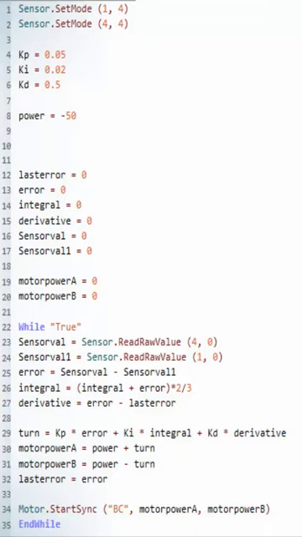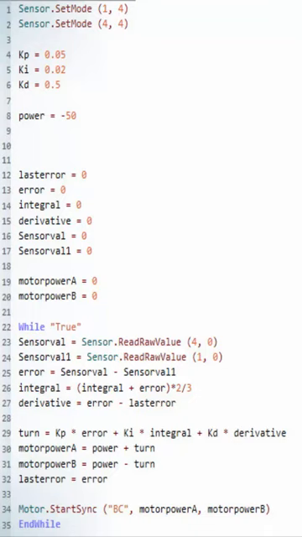Then the integral term is calculated using integral plus error, which means that every time the loop is executed, the error will be added up to the integral variable, and it will be multiplied by 2/3 to soften it. Then derivative is equal to the error minus the last error.